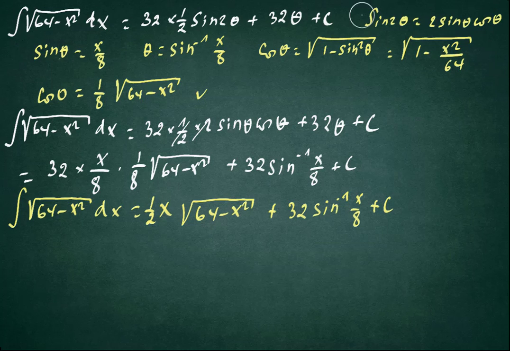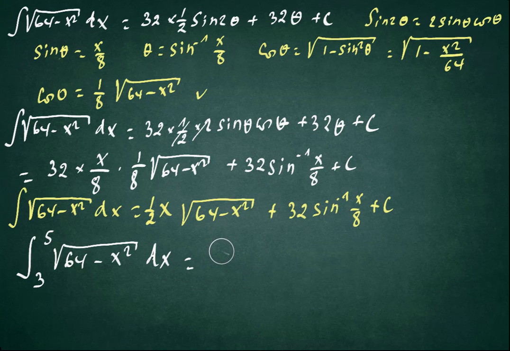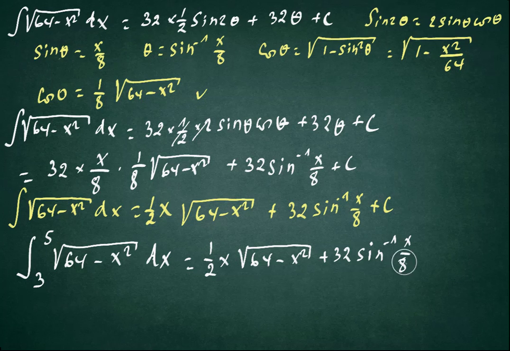So we can say that integral from 3 to 5, okay, of square root of 64 minus x squared dx is equal to half of x square root of 64 minus x squared plus 32 sine minus 1 of x over 8 between 3 and 5. Okay, so we are going to evaluate that.